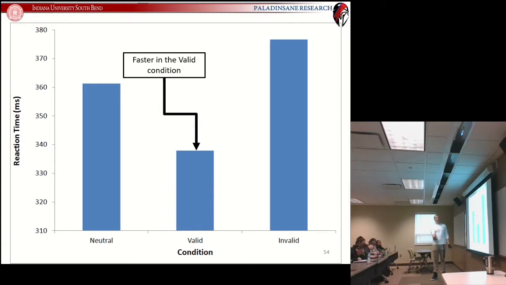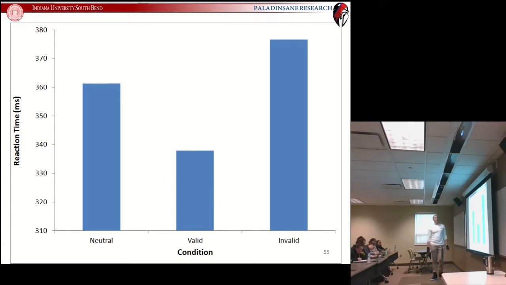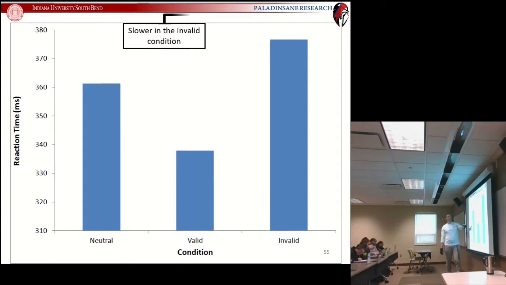However, when we're lied to in the invalid condition, we take longer than in either other condition, especially compared to the valid, but importantly compared to the neutral or control condition. So when that target lies to us, we are slower in that invalid condition when it sends us to the wrong location.